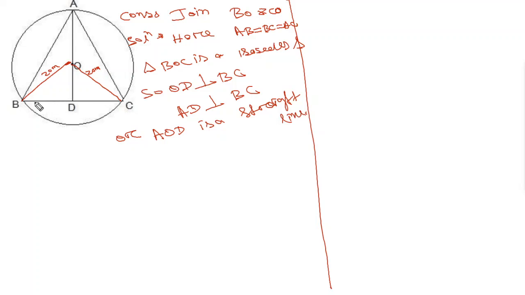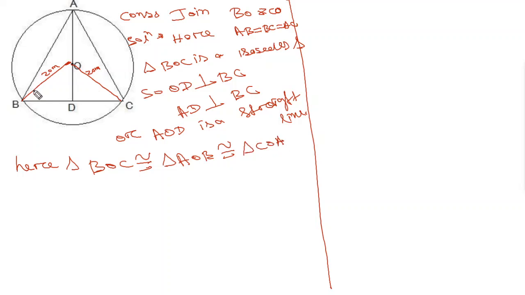Now what will we see? You can see triangle BOC, triangle AOC and triangle AOB. Three triangles are there. Can these three triangles be congruent? You can write here: triangle BOC will be congruent to triangle AOB and will be congruent to triangle COA.